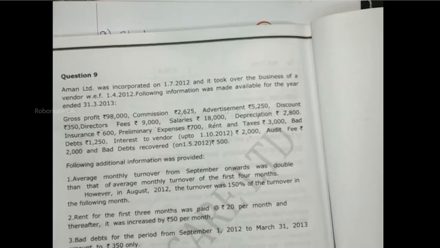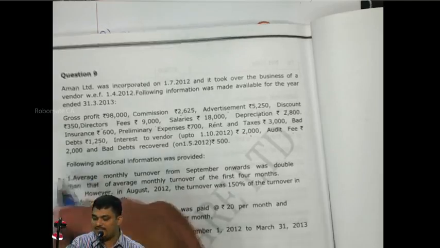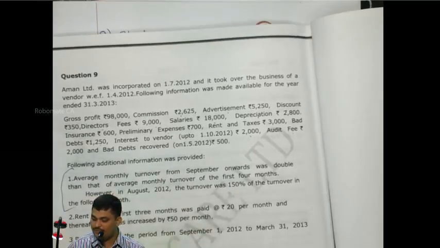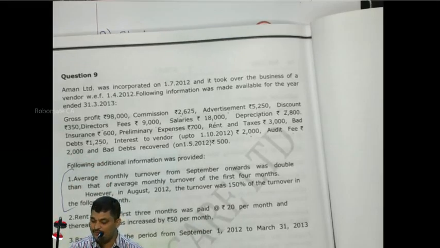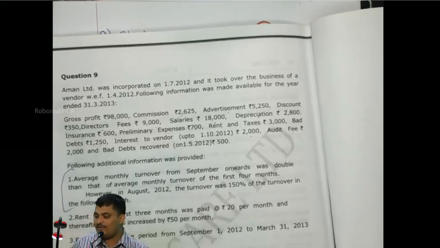Understood? Then this is for the purpose of sales ratio, which we already discussed. Rent, bad debts and audit fee. Audit fee we have already considered. So which items require working notes other than the time ratio and sales ratio? We have rent and taxes, bad debts, interest paid to vendor. Shall we? Now let us take all these items.